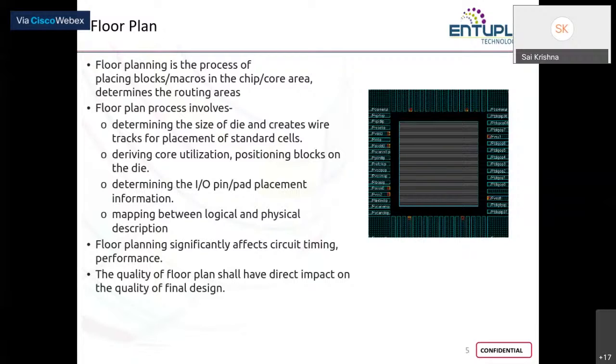That is your core, and that core plus the border that you see on all the four sides together is called your die. So basically, what happens is when a chip goes for fabrication, your design is always fabricated at nano scale level.